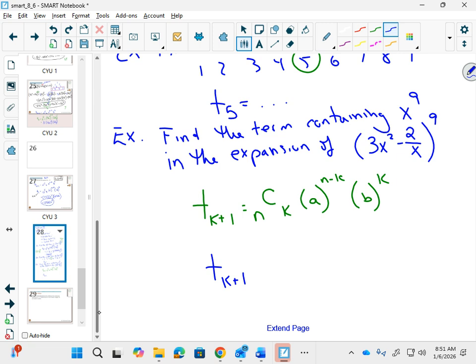Do we know n? Yes, we know that n is 9. I still don't know what k is. Do I know a? Yes. It's going to be 3x squared. And it's going to be 9 minus k. And I know b is negative 2 over x. So technically, if we want to find the term containing x to the 9, the only thing we don't know is k.